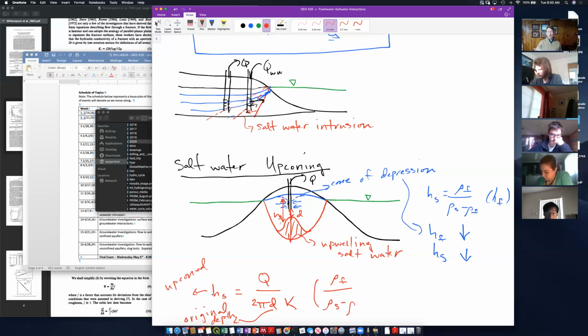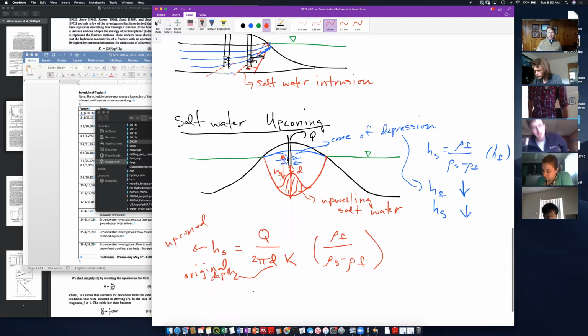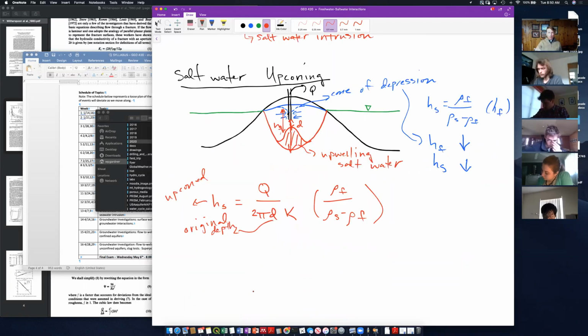Okay, so my upconed depth is a function of my pump rate. Basically, it's a function of the pump rate. So the bigger my pump rate, the in fact, I've got this backwards. Sorry. Upconed height.